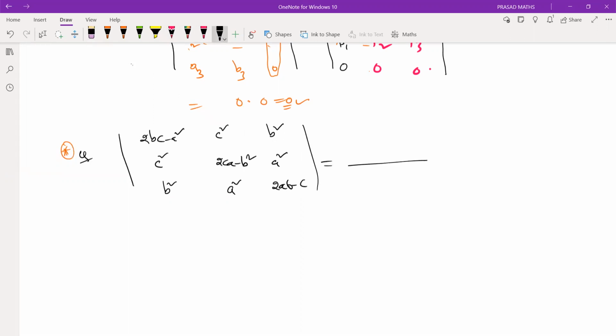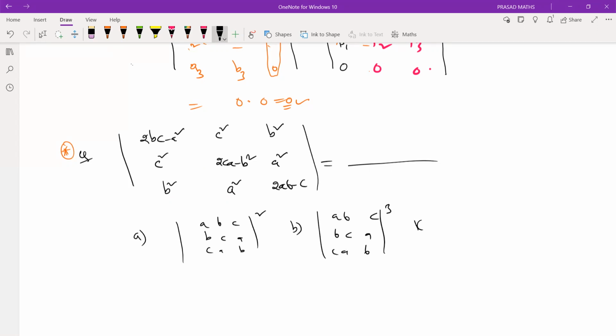Right? So answer A is (abc bca cab) whole square. Answer B, (abc bca cab) whole power 3. Answer C, (abc bca cab) whole power 4. Answer D, it is none.